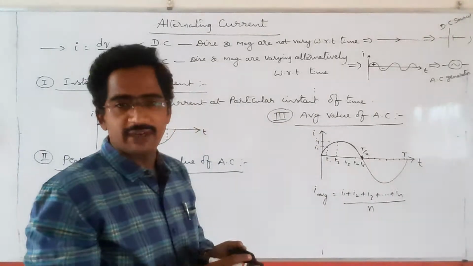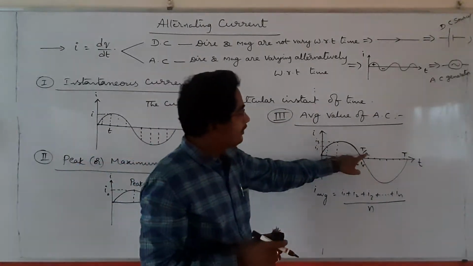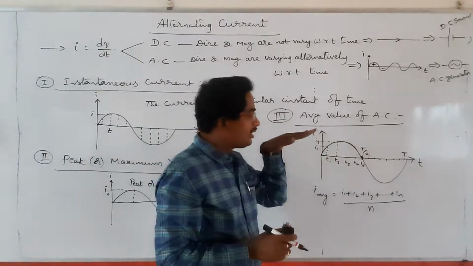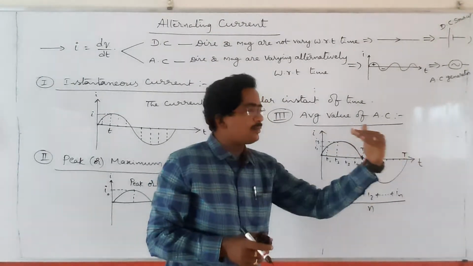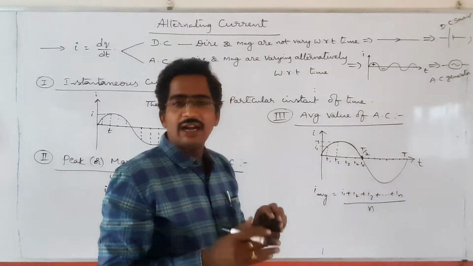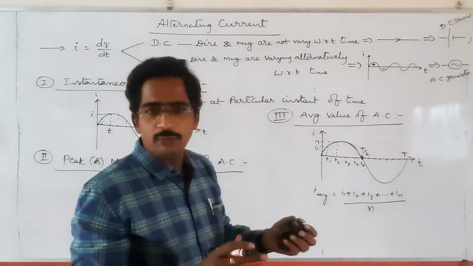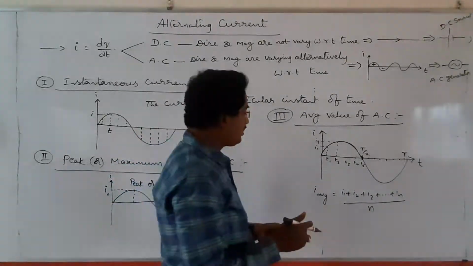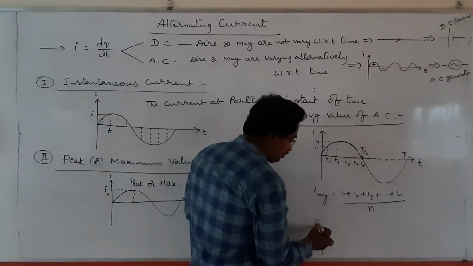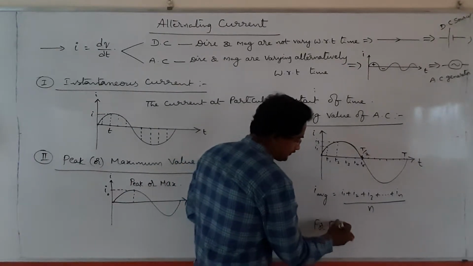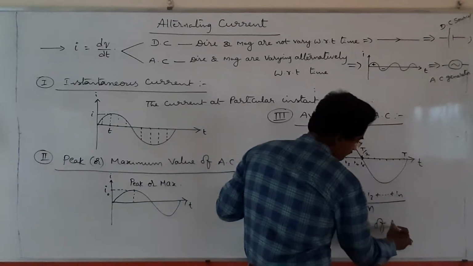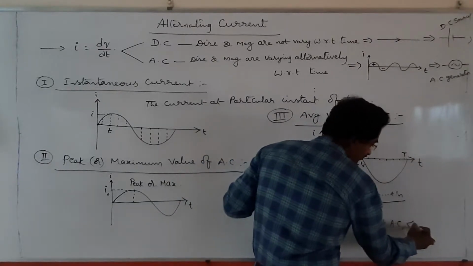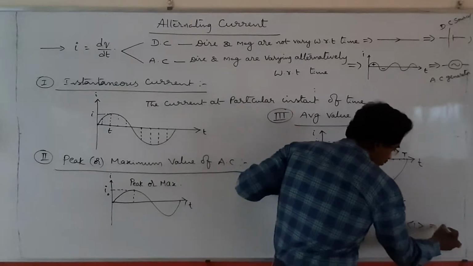In half of the time period the current moved in the positive direction, and in the remaining half the current moved in the negative direction. The net flow of current on average is 0. So remember, for a full cycle of AC, I average equals 0.